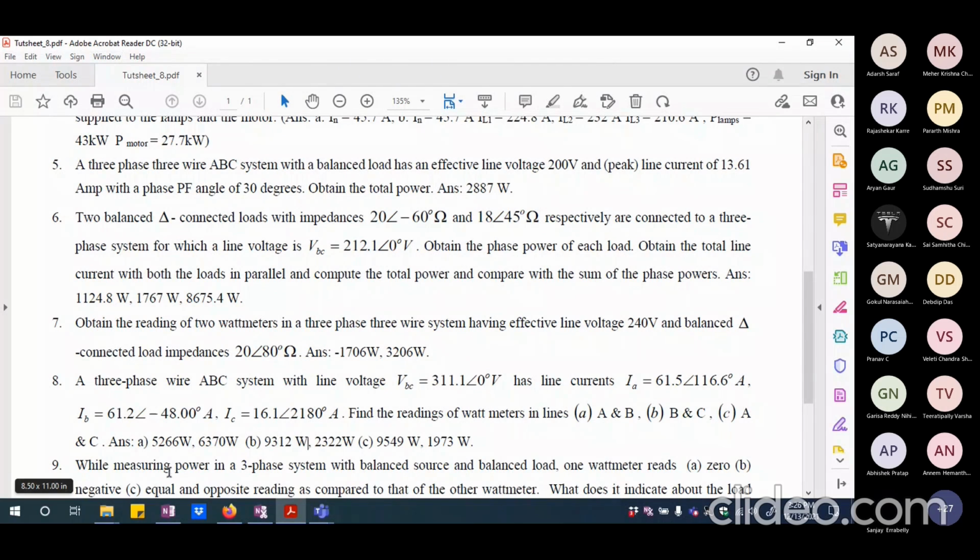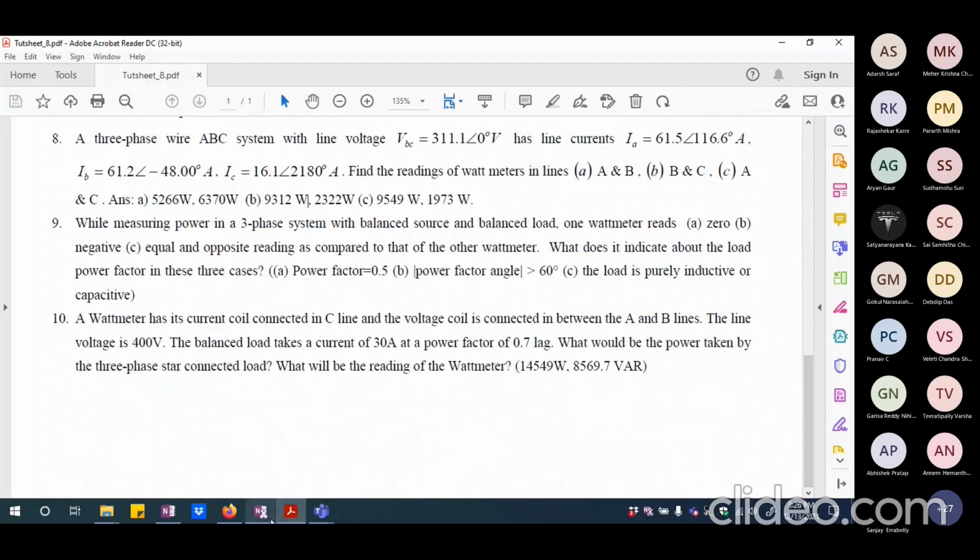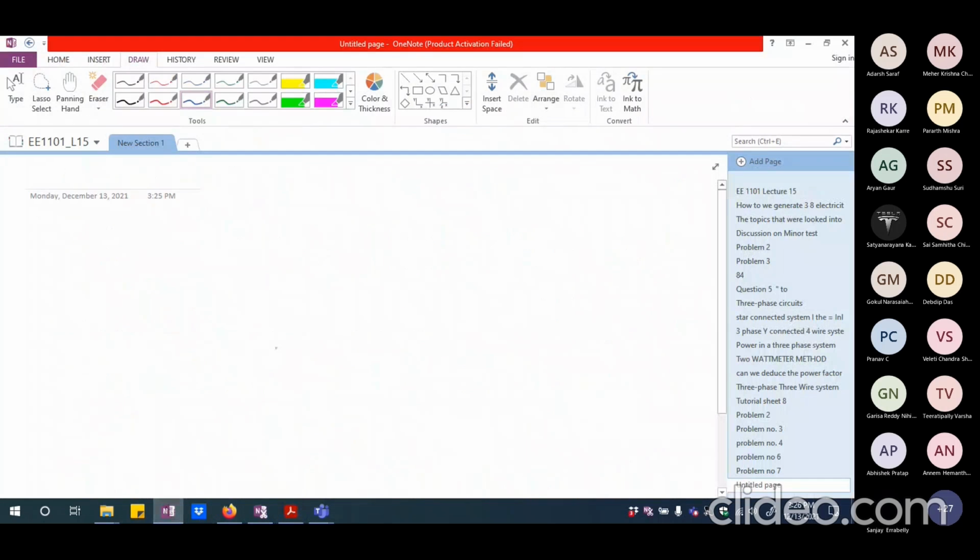So please note this particular thing works even in the case of unbalanced load. You have to take basically whatever is the angle between the particular voltage and the particular current. Please note what we said in the 2 wattmeter method was something like this.